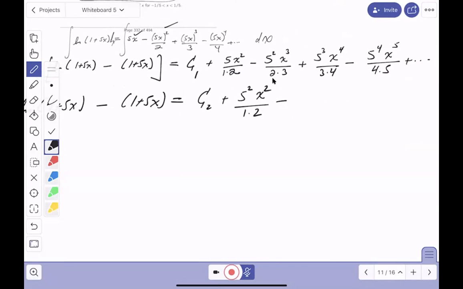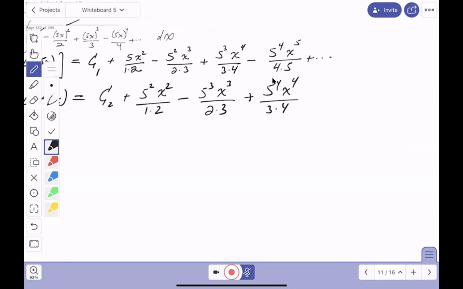Don't worry about that. 5 cubed x cubed over 2 times 3 plus 5 to the 4 x to the 4 over 3 times 4. I think you get the idea, right? Minus 5 to the 5 x to the 5 over 4 times 5.